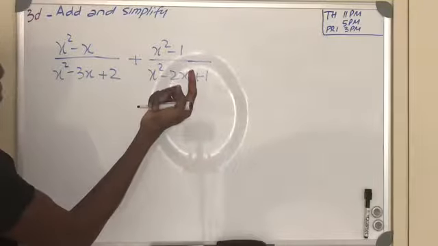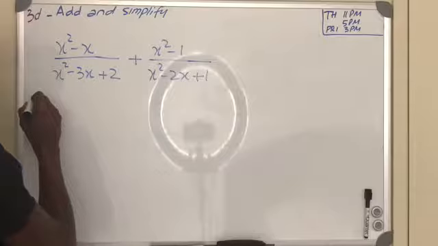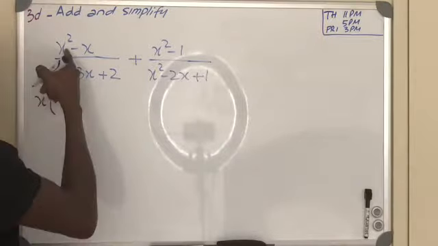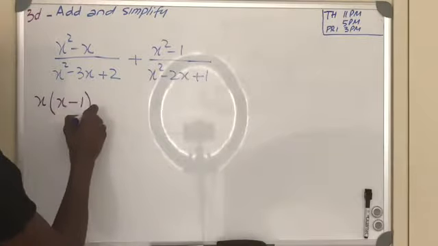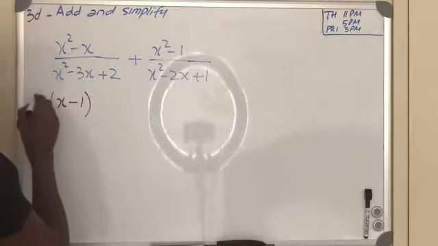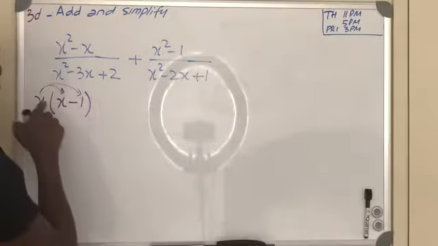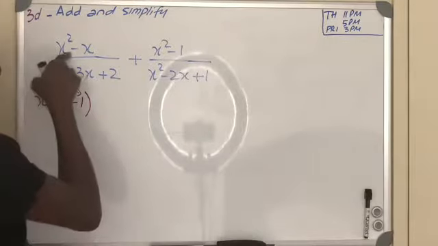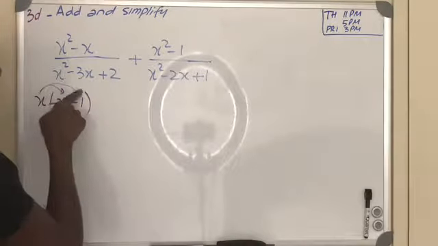This is a very simple term. We can factor out by x, and we're going to have x minus 1 left right here. So x times x is x squared. X times 1 is x. So I just factor that out real quick.